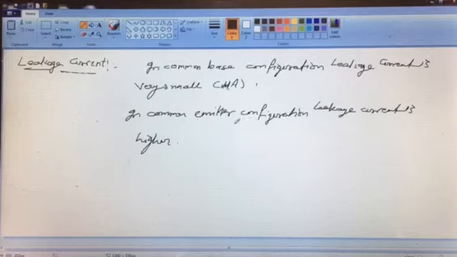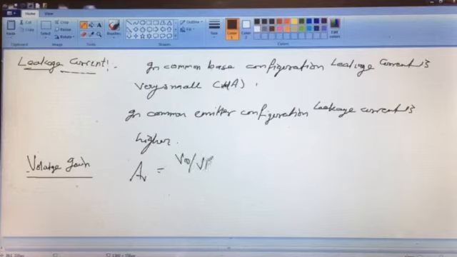Now voltage gain. The voltage gain is the ratio of output upon input. In the case of common base configuration, voltage gain AV is equal to V output upon V input.